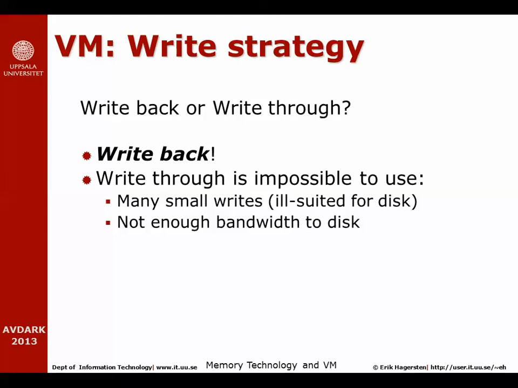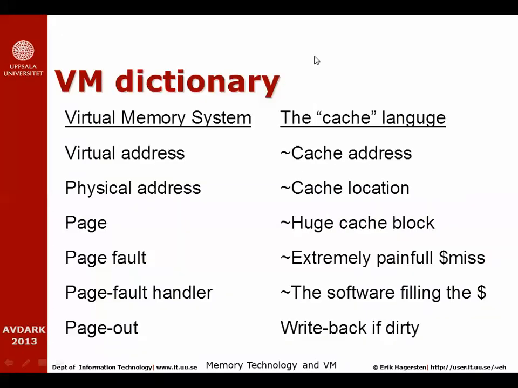They are much better at writing big chunks like pages. So you use write back, and you have a dirty bit associated with the page table entry for each page. You set that bit the first time you write to the page, and it's a sticky bit. When you need to throw out that page, if the bit is set, you need to write back the information to the disk.